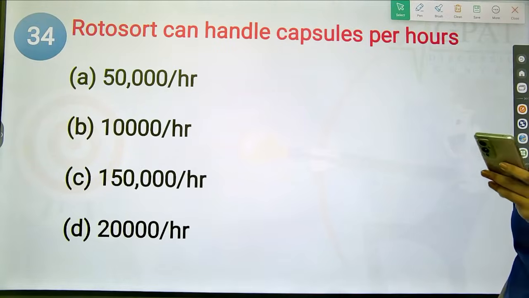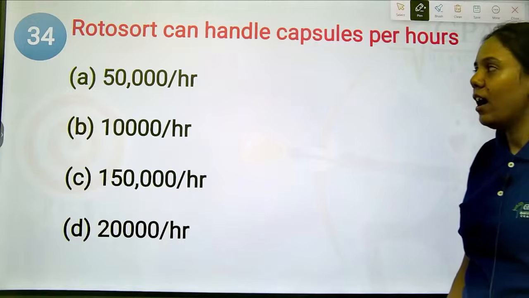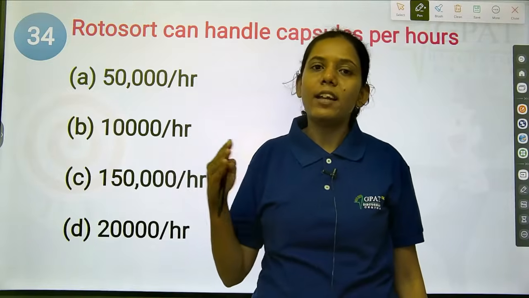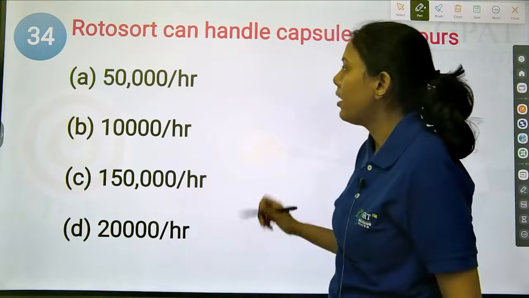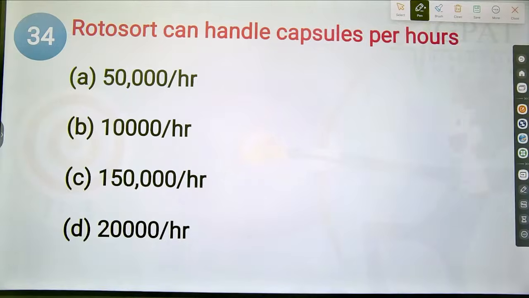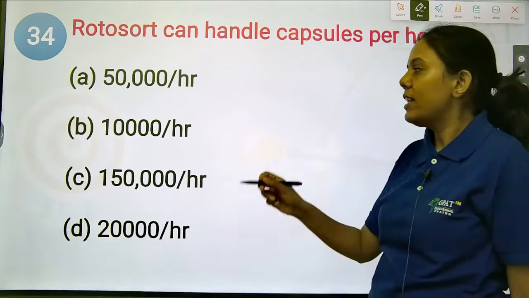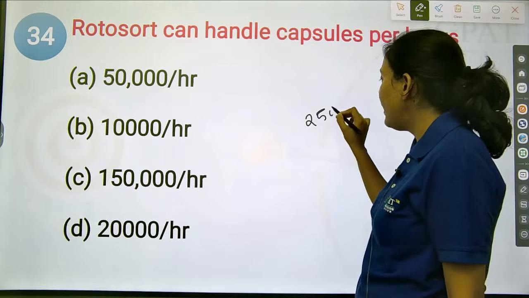So the next question is, Rotosort can handle dash capsules per hour. Now this is a very direct question, like for every instrument there is a certain limit that this equipment can handle. So Rotosort is a sorting machine, as we have seen. If the weight of the capsule, say for example one capsule is having a weight of 250 mg, then you will set a limit.